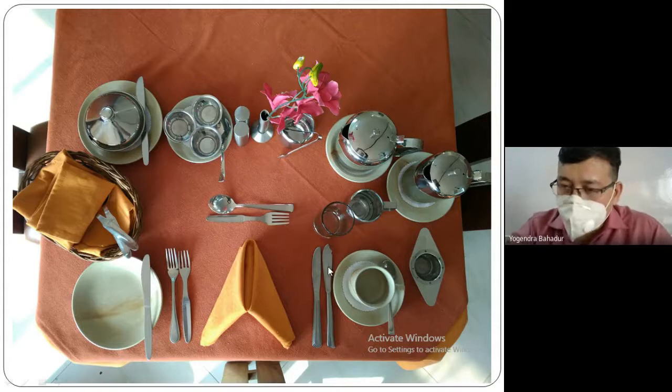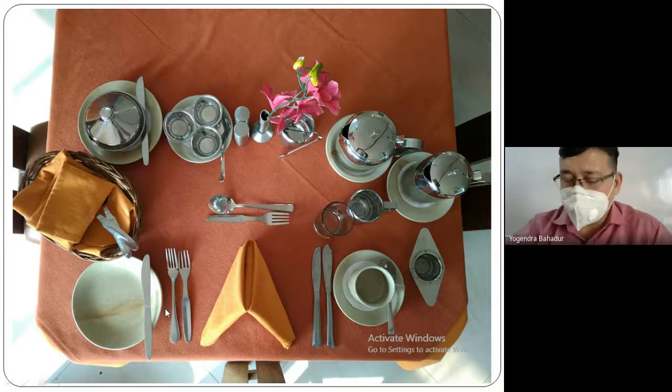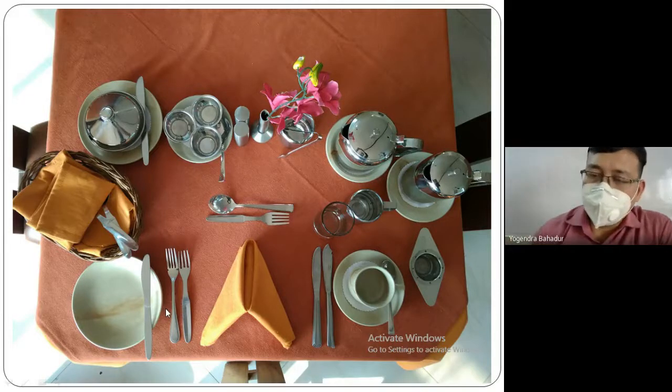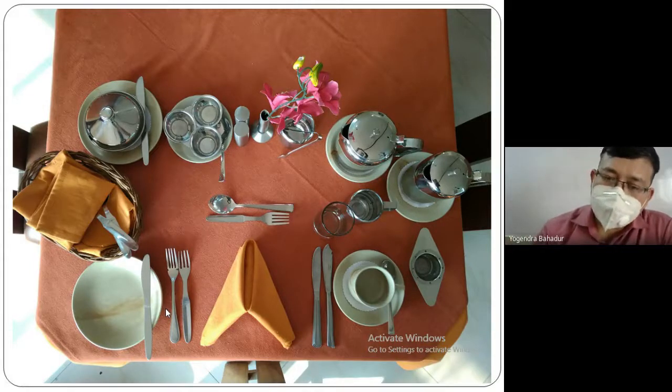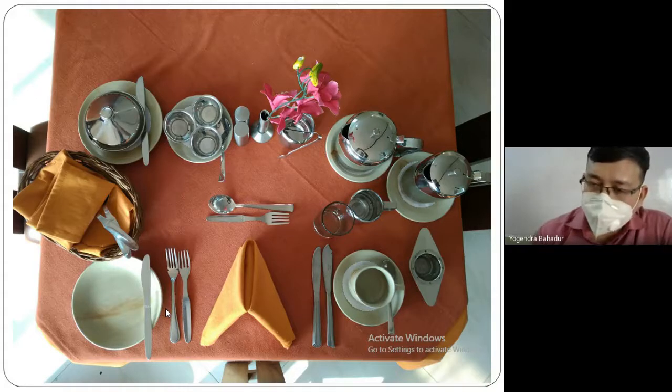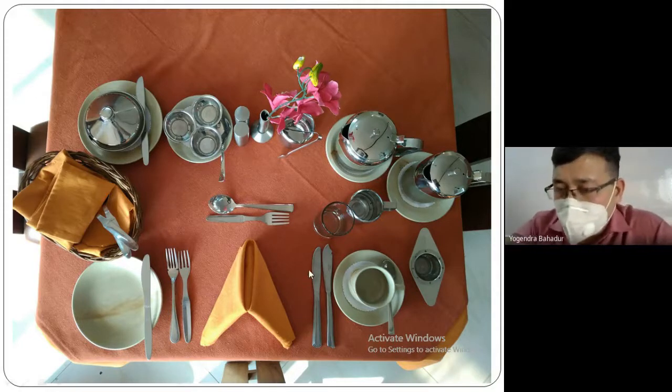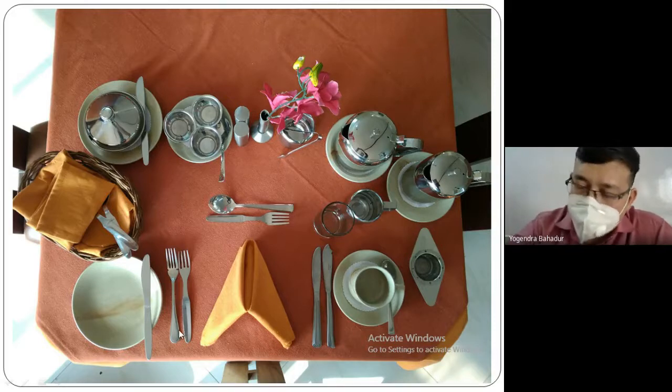This one is the fish knife, and on the left side we find the fish fork. Fish knife and fish fork, because we know very well fish is part of the courses of the English breakfast. Next, we find the AP knife and AP fork.